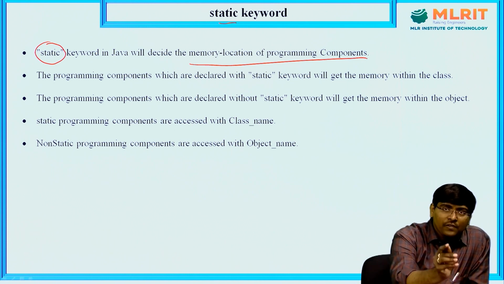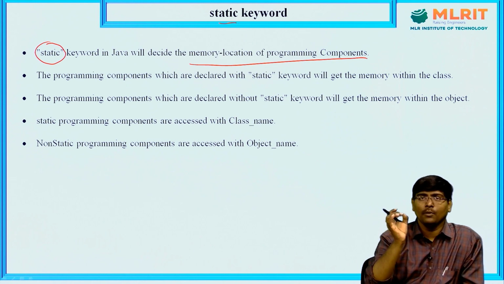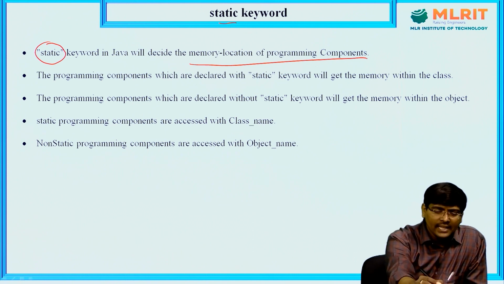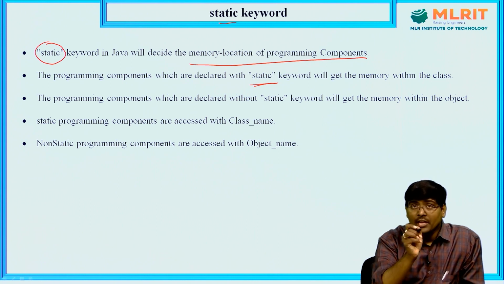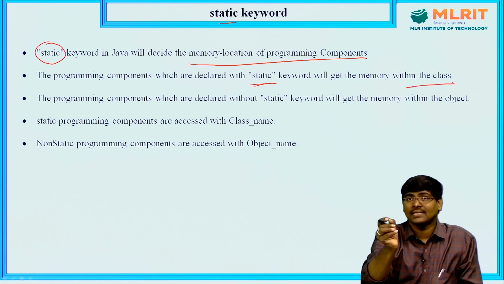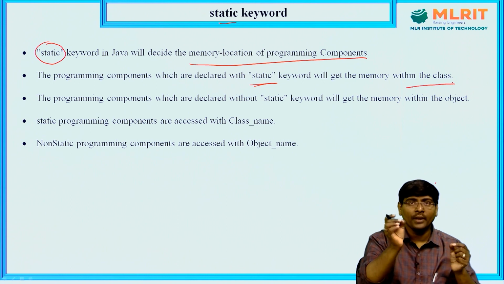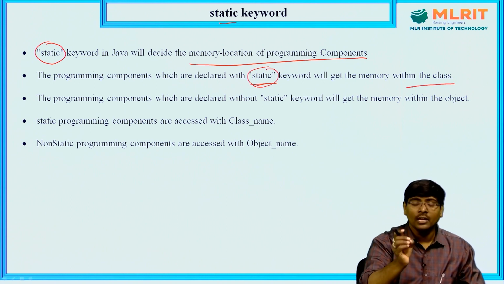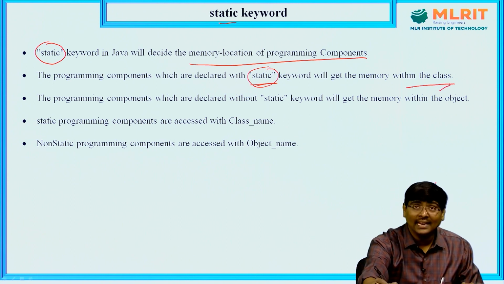Now, consider a variable. If a variable is declared with the static keyword, that variable will get the memory within the class. Among the partitions, any component that is declared with the static keyword, we allocate the memory to that variable in the class.